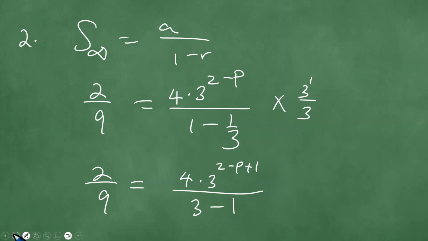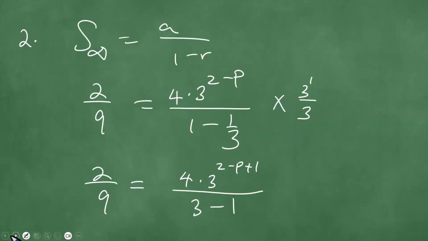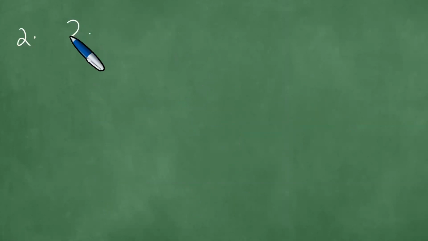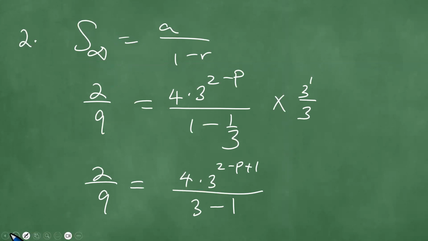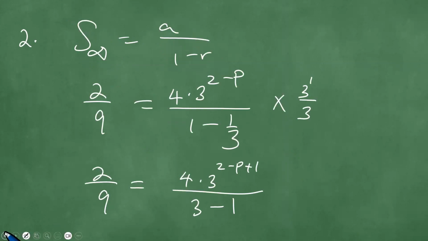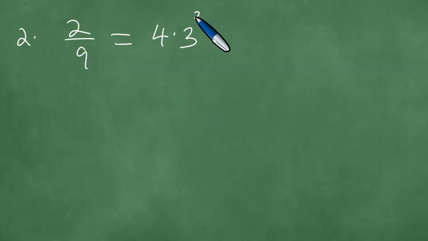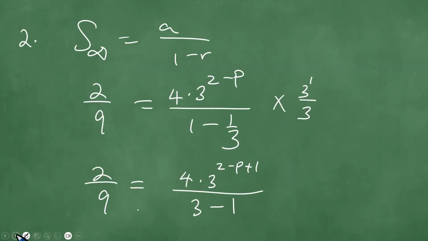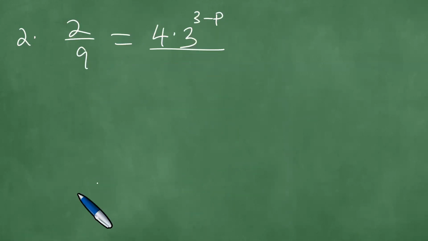Okay, so now the second thing. We have that 2 out of 9, which is 4 times 3 to the power 3 minus p, over 3 minus 1, which is 2.